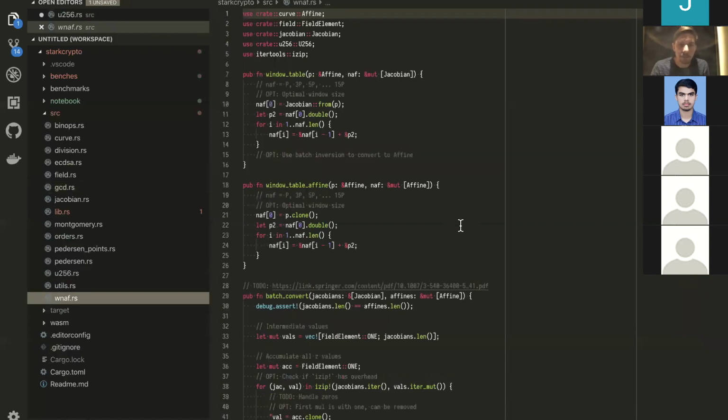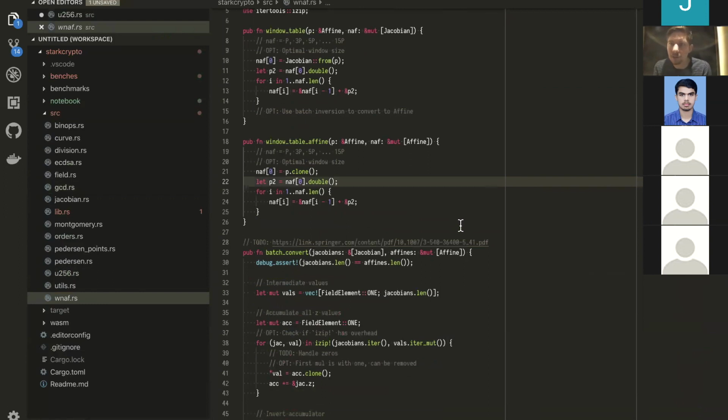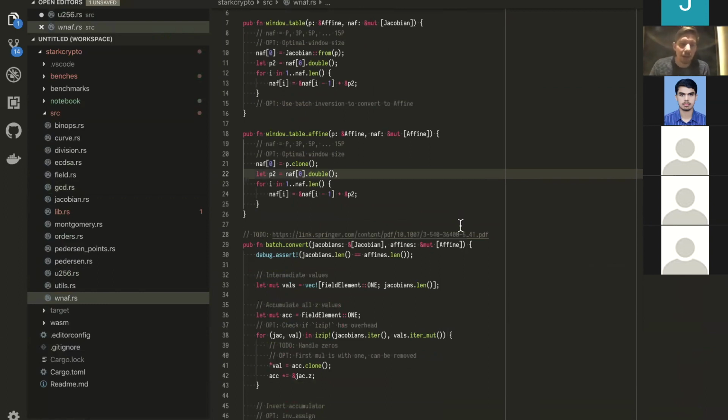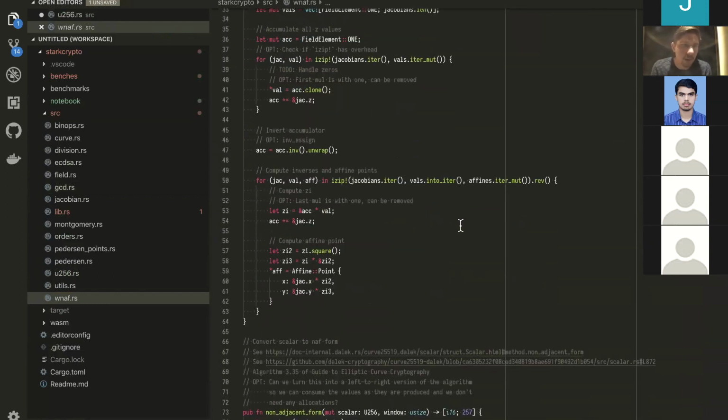We won't be able to get here, but if you go to windowed non-adjacent form representation of elliptic curve multiplication and so on, and Jacobian versus affine form of points, if you convert from Jacobian form to affine form, you need to do a field inversion.